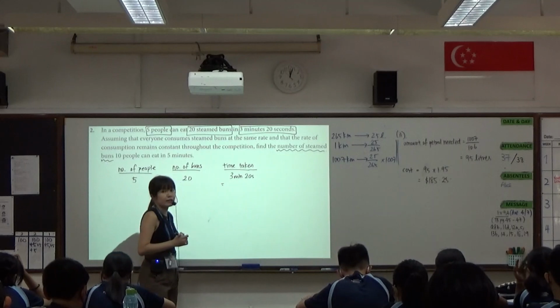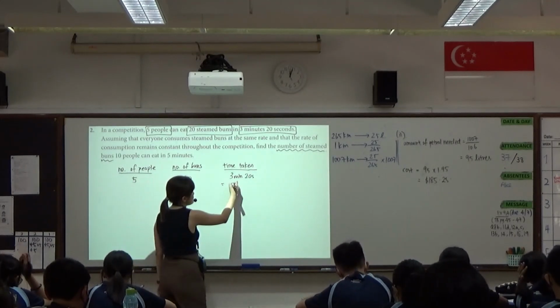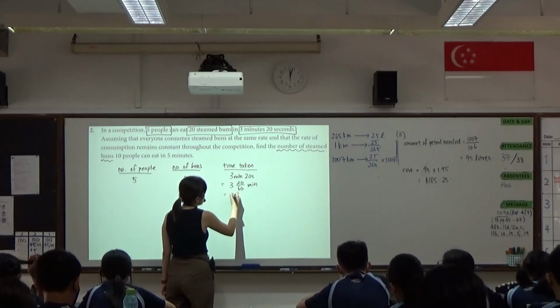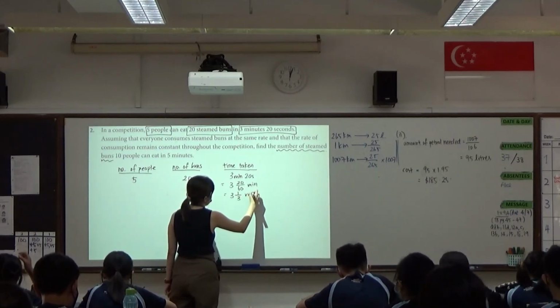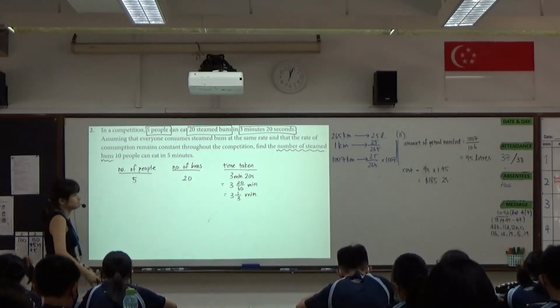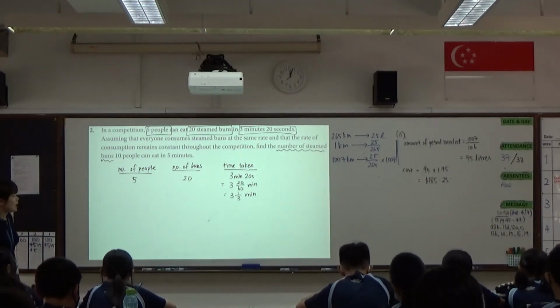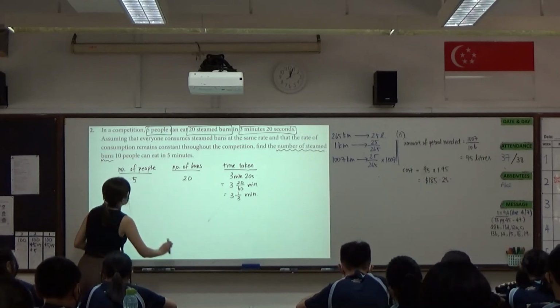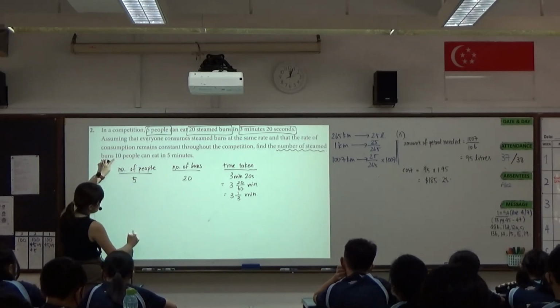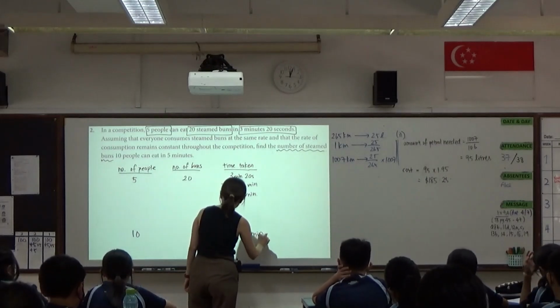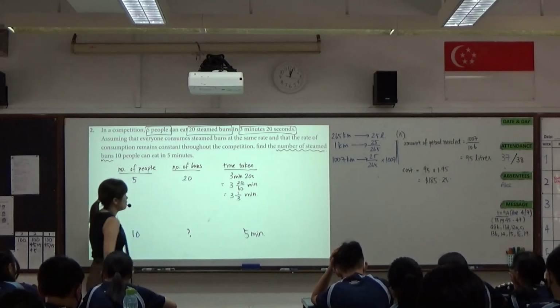So 20 seconds is 20 divided by 60 minutes, which simplifies to 3 1/3 minutes. Our objective is to have 10 people in 5 minutes, and we want to know how many buns there are.